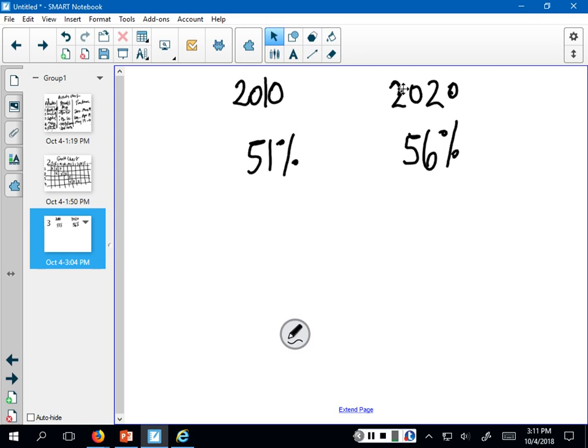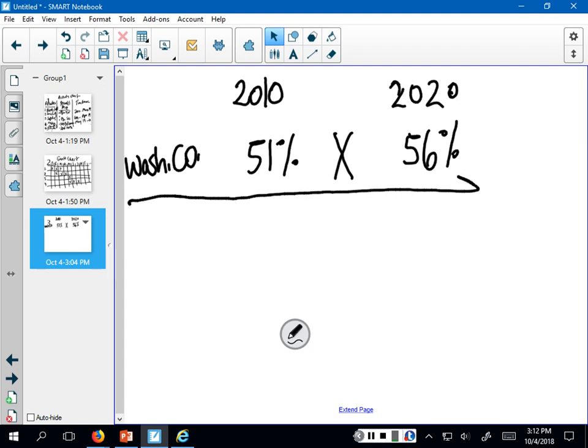What happened between 2010 and 2020? We delivered the intervention, the program, in Washington County. So this is again data for Washington County: baseline data, intervention, target data. Time flows in this direction.